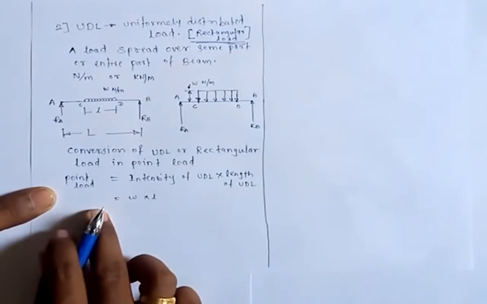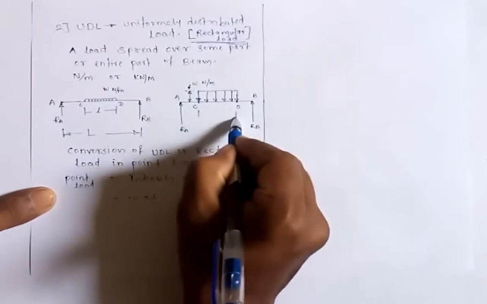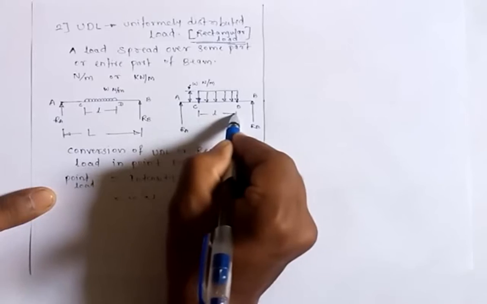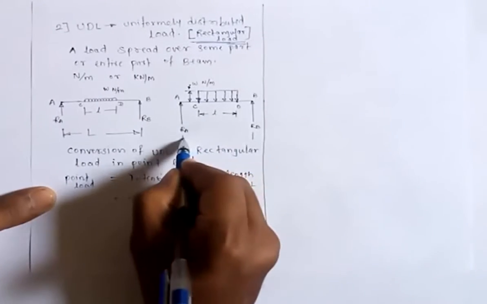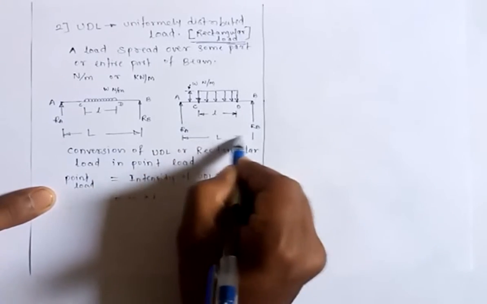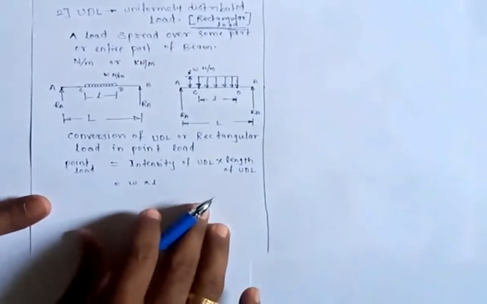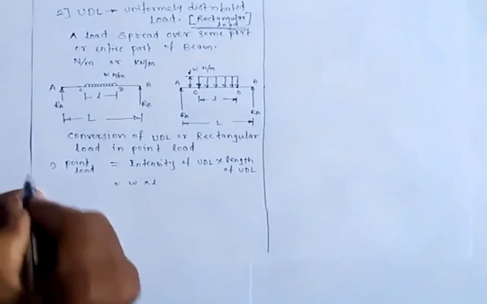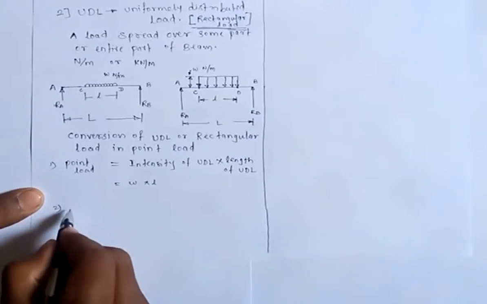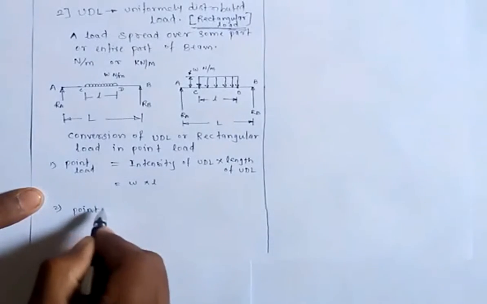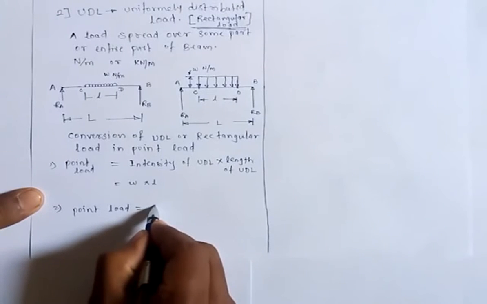This is for UDL. Now again, in this rectangular load, consider that the length of the rectangular load is small l, while the total length of the beam AB is capital L. Now how to convert this rectangular load into a point load once again? So this is for UDL and this is for rectangular load. Point load is equal to the area of the rectangle.